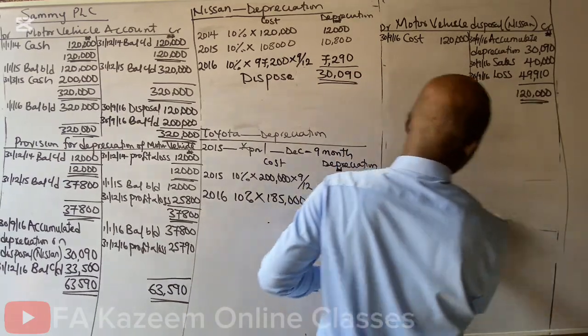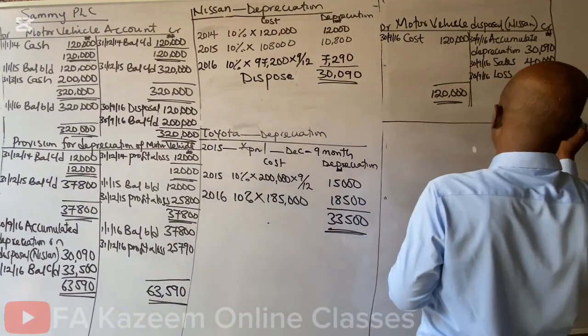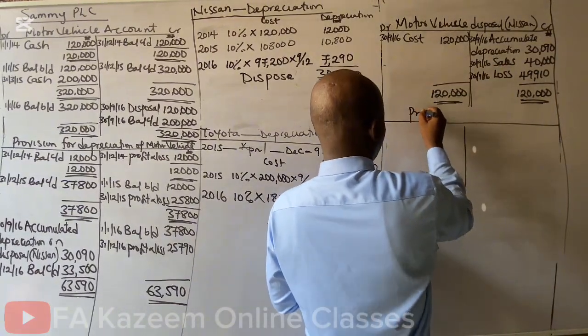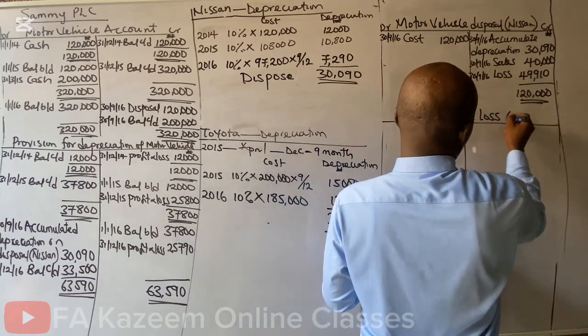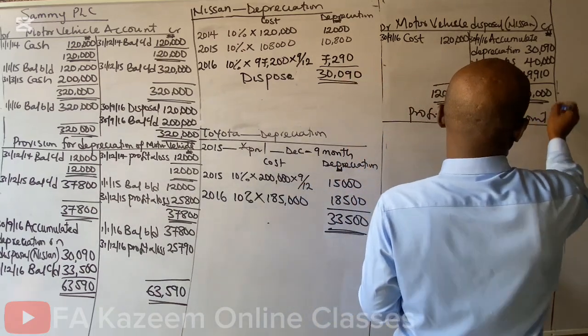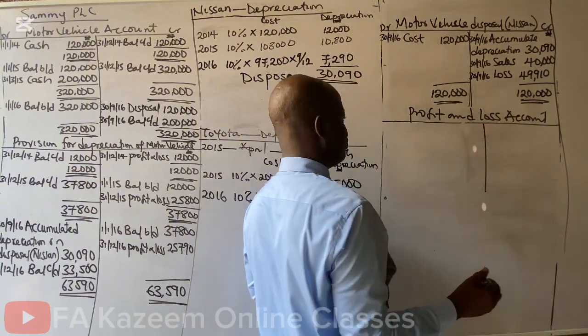And after this, what do you do? You prepare the profit and loss account. Is on what side? Debit. You bring it to the loss side of the P&L.